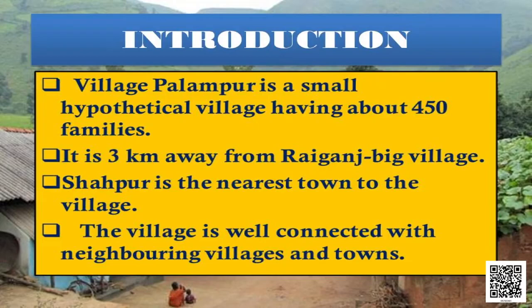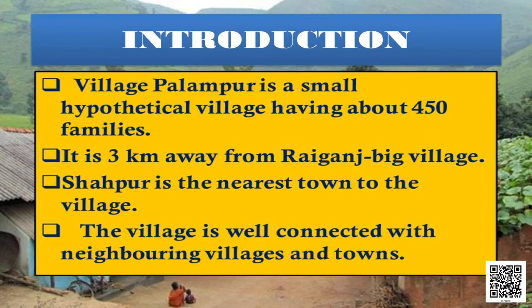You should hold your rough notebook and pen with you, because whatever data we discuss, you must note down, because at the end of the session I am going to give you some activity and some homework also. So, village Palampur has about 450 families.